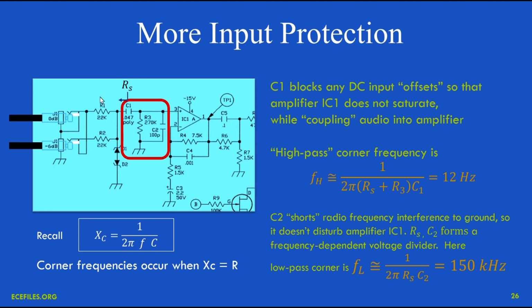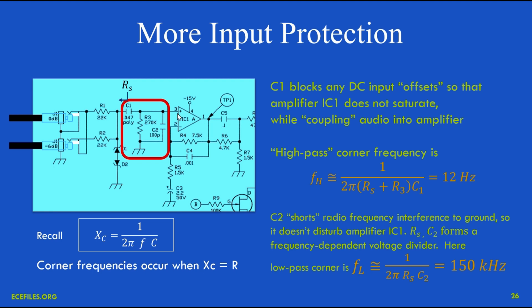So RS is the Thevenin source impedance over here on the left that we used to replace all of this. It's 11K, and R3 is here. And crunching the numbers with 11K and 270K, and then 0.047 microfarads, works out to 12 hertz. That's good, because that means any audio frequency that we can hear is going to get on through to this amplifier. Yay!